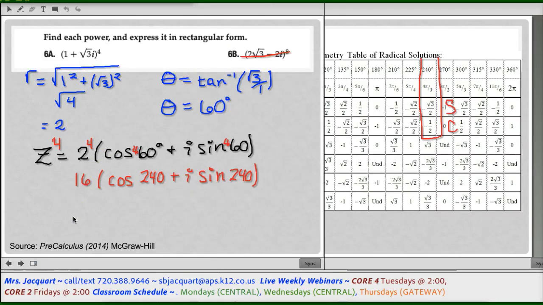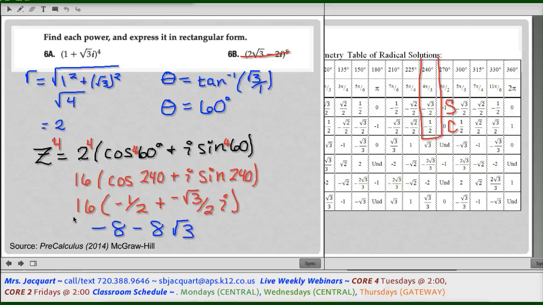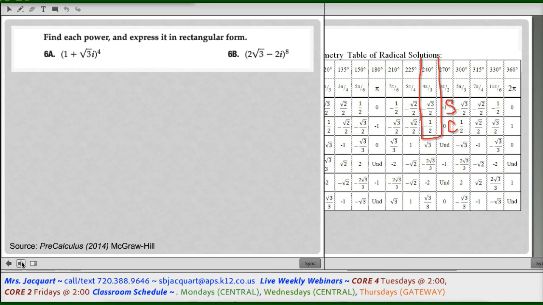So cosine of 240 is negative 1/2 plus sine of 240 is negative square root 3 over 2. And then we're going to distribute. So negative 8 minus 8 square root 3 i. Cool. That's how you do it. All right.